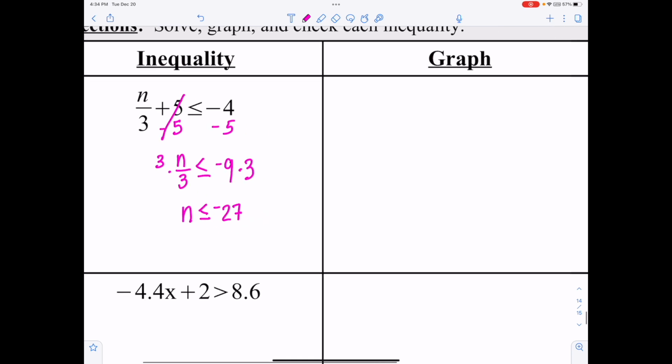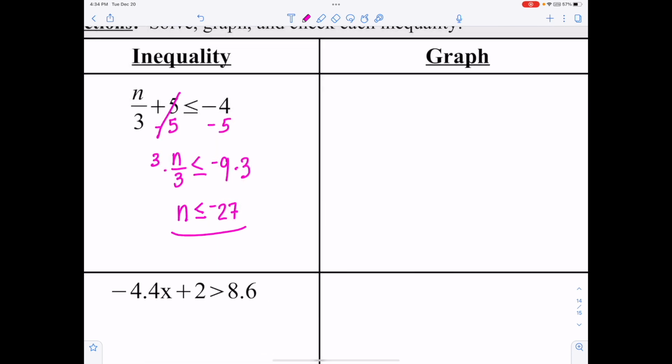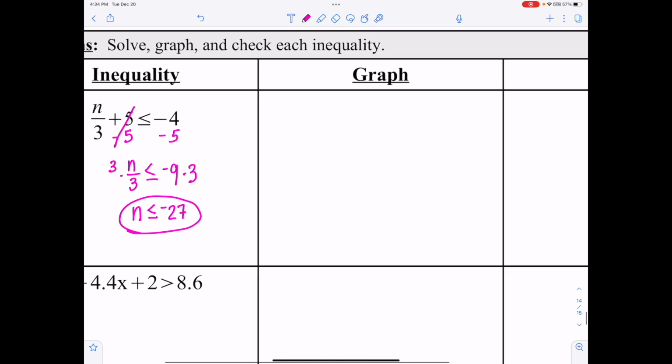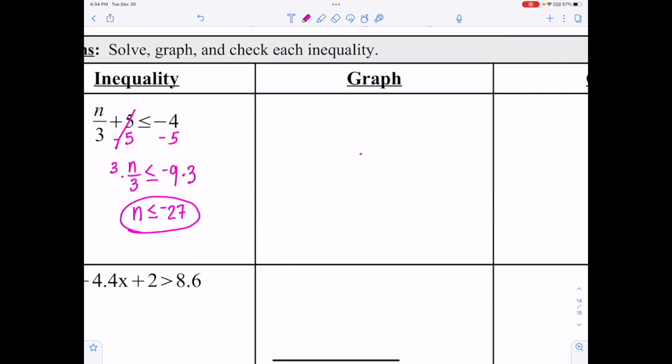All right, now let's go ahead and graph this specific inequality. So we're going to write our target number of -27. Draw your line, put your 3 tick marks, write one bigger number, which is -26, and -28 is a smaller number. Okay, think temperature.